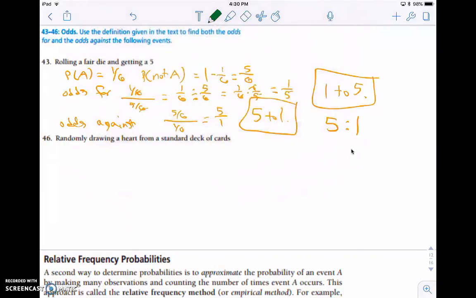Okay, and this next one, randomly drawing a heart from a standard deck of cards. 1/4 of the deck is hearts, so the probability of our event A is 1/4.